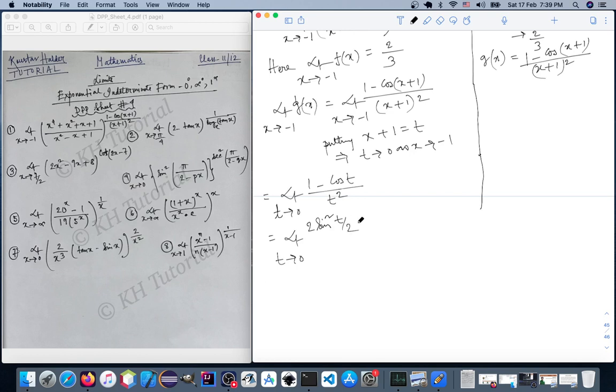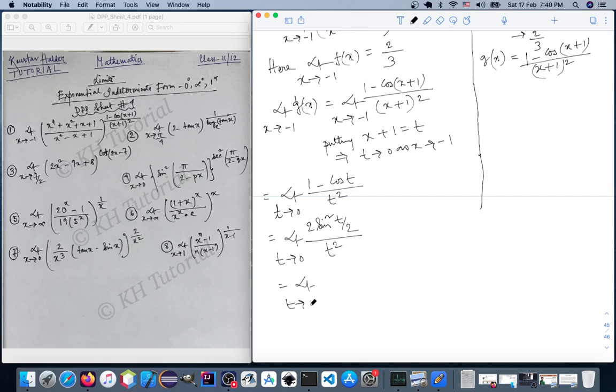This is the standard trigonometric formula we know. Now we would like to restructure this limiting function so that we have sin x by x, and we can apply the standard result, the limiting value of sin x by x as x tends to 0 is 1.